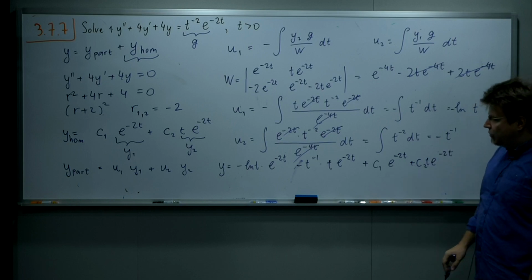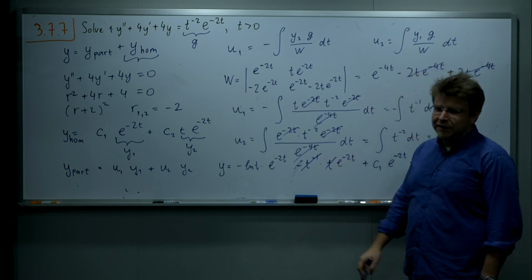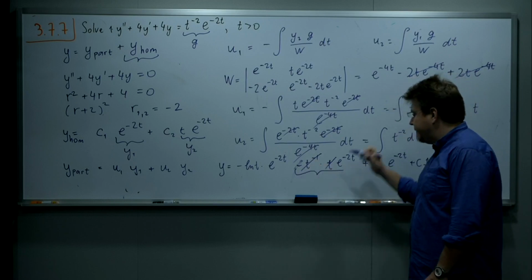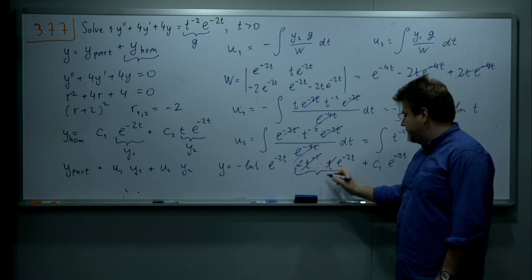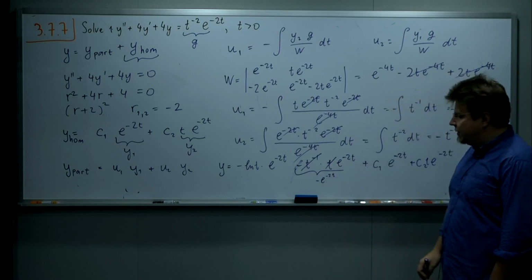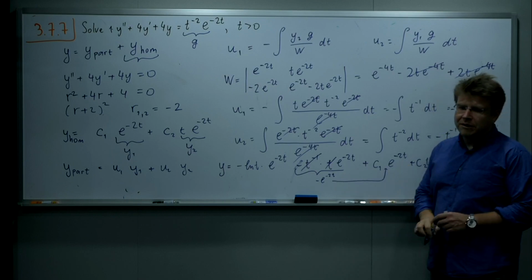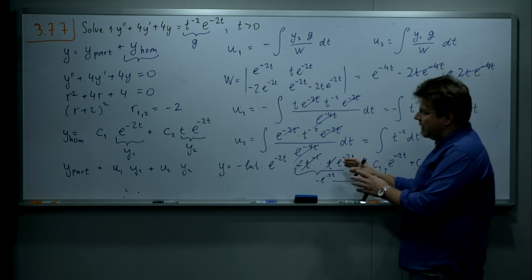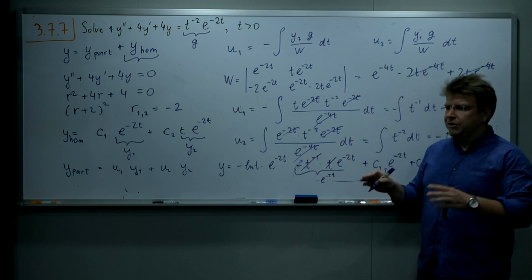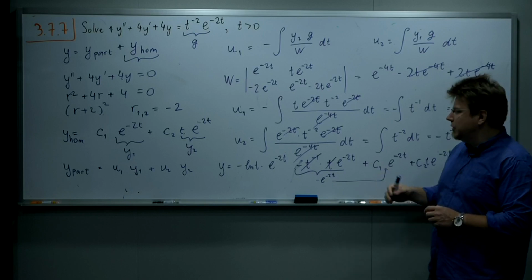Okay, so now we are almost done. Notice that t and t inverse cancel out here, and also notice that we have negative e to the minus 2t here, which should actually belong here, right? So what we got is that a part of our particular solution turns out to be in the solution of the homogeneous equation.